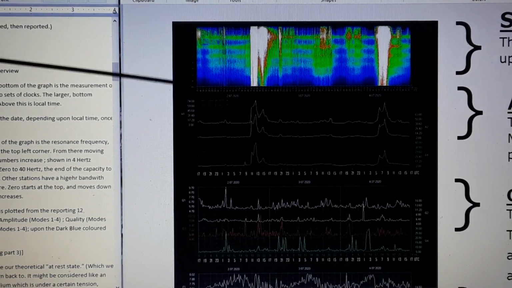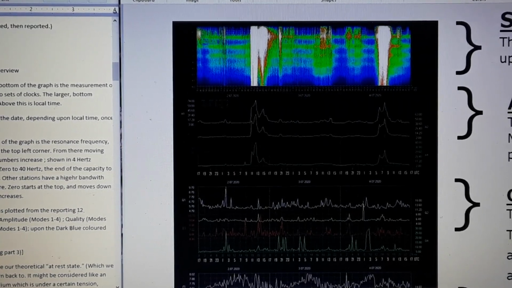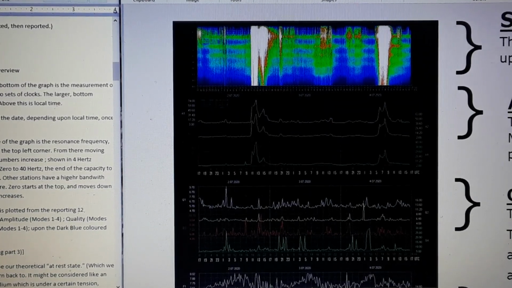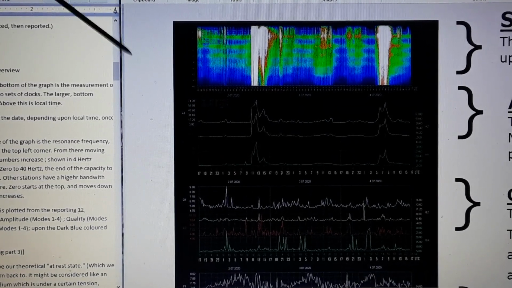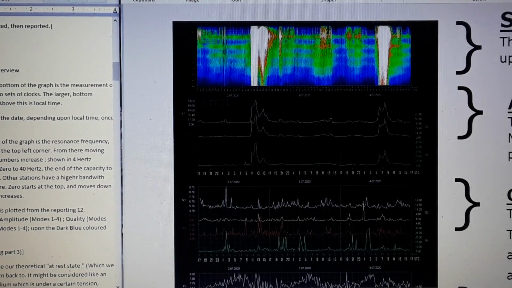Okay, so 40 is the maximum that it goes up to in Tomsk, where this is Tomsk University, where they take the Tomsk Observatory measurements. They cap it at 40 Hertz. Okay, so the spectrograph is plotted from the reporting 12 dependencies.